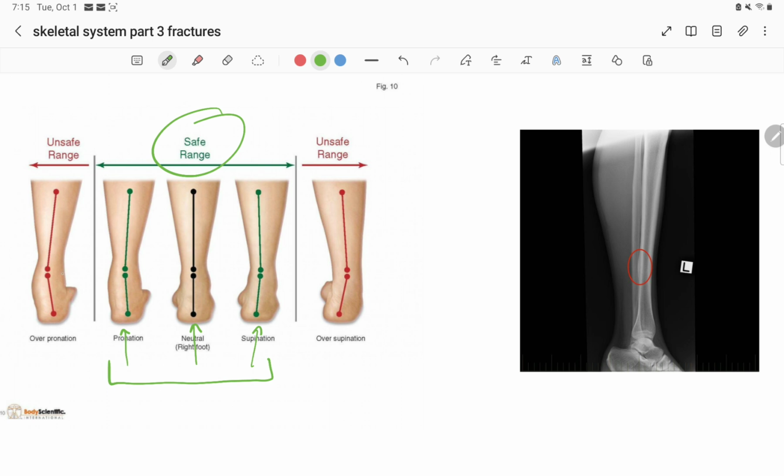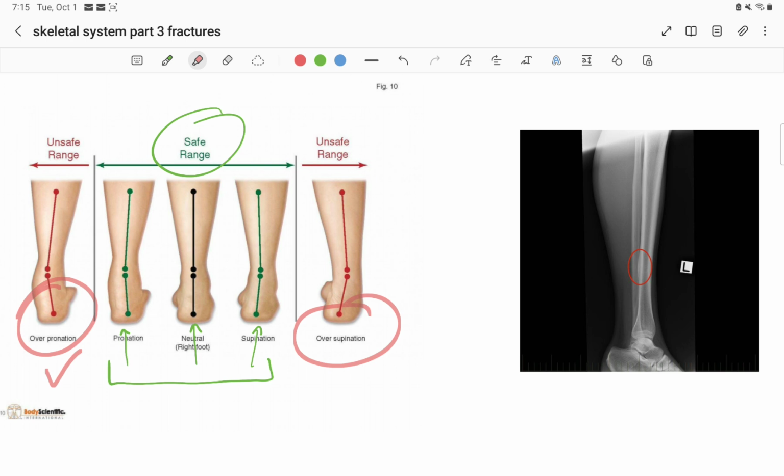Okay, a lot of people actually are in this position where they overpronate or oversupinate, and overpronation is the more common. And the best thing to do to help this is orthotics, right? So a shoe insert, an arch support, orthotics.